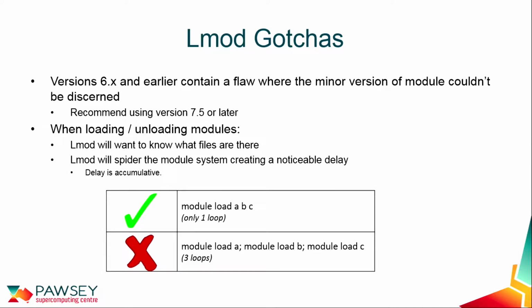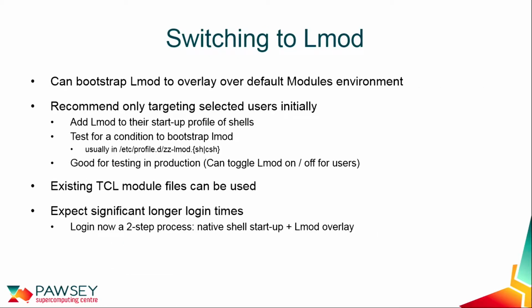If you do module load A, module load B, module load C, that's 3 loops, so it has to go through the iteration 3 times. That's why this is very important. You think it may not add to the start time, but it's quite amazing: if you look at a script summary, every time it's spawning a shell, and if you do that multiple times, it adds up.